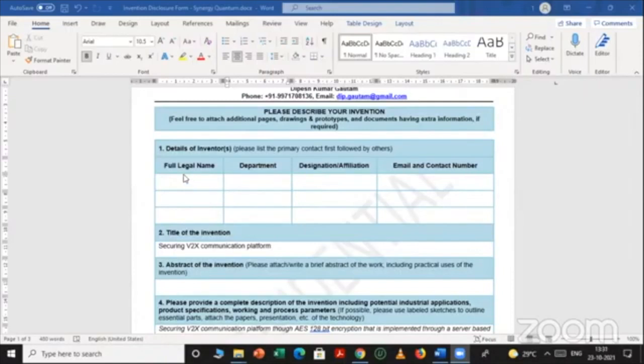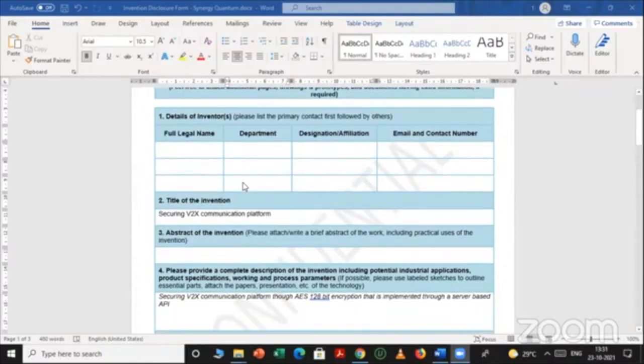So we have to put their full legal name, the department where they're doing the research, and if they're affiliated with a university, such as a university professor, they have to mention it here. Then their designation or affiliation with the research organization, then their email and contact number. All this information will be used by the patent office of any particular country to put the information in their legal databases.